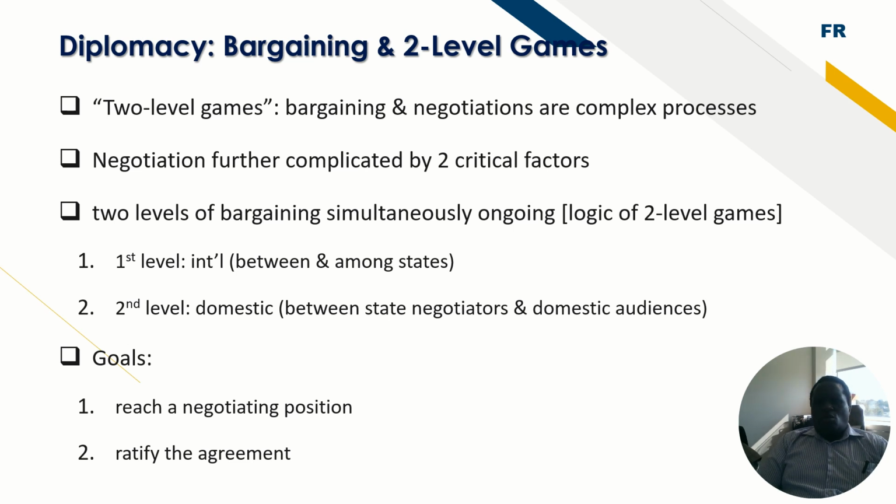So complex processes, two levels that are going on simultaneously, so international levels of negotiation, but also domestic levels of negotiations, even though this might be more credible and apparent in societies that have domestic audiences that have an impact on government structures and decisions.